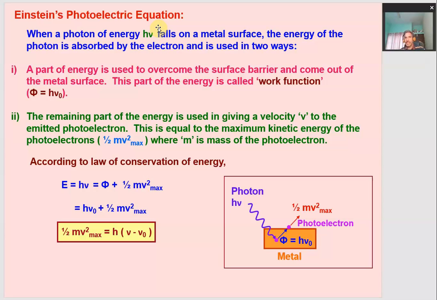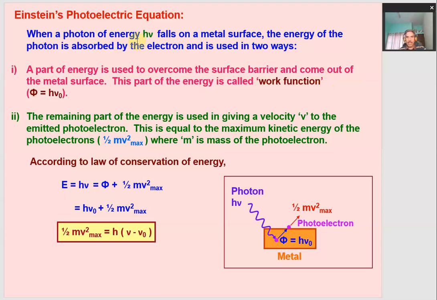And when the electron takes this energy, it uses this energy in two ways. Some part of it is used to overcome the surface barrier, or we also call it work function. And we already know what a work function is. It is the minimum amount of energy which is required to take the electron out from the metal surface.